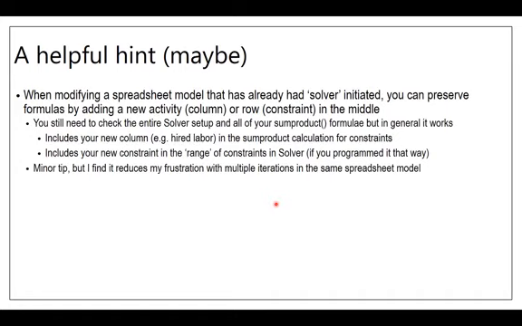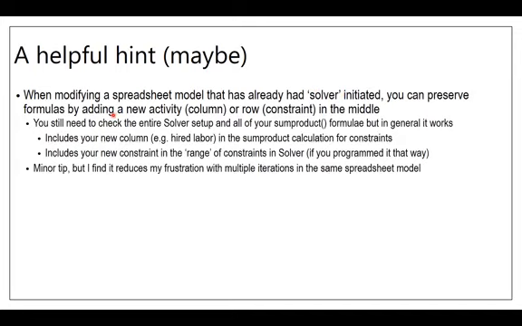Yeah, and then I want to close out here just talking about a couple of hints as we go through. The first would be a minor tip, because one of the things we're going to do in this setup is you're going to get a starting model and you need to adjust it and make a new model. Now I have a lot of these examples already done for you, but I want to tell you how you might think about doing it. So when modifying a spreadsheet model that already has a solver initiated, a lot of the information's already there.